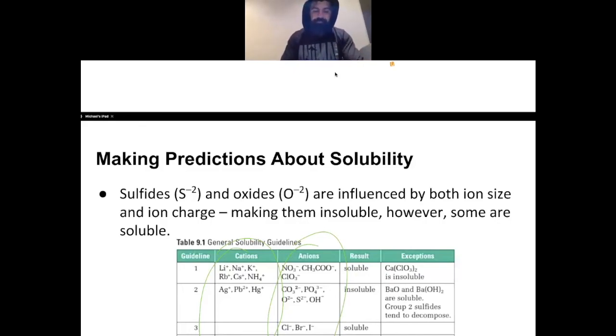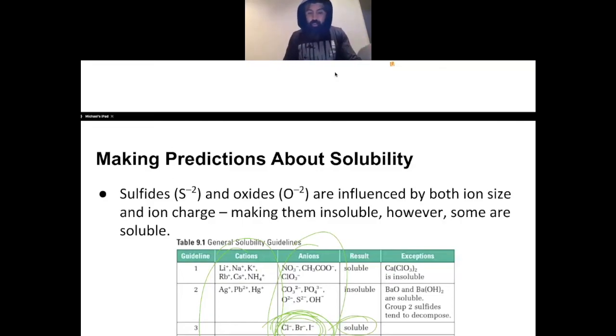But anyhow, this is what we are going to use to help predict the solubility. It's not enough to just go and say, well, does it have a small charge? Does it have a large charge? Because not always is that the case. So if you look at here, we've got the small charges. We've got chlorine, bromine, and iodine. They're considered soluble, but it all depends on what these are going to bond with, which will determine whether they're soluble or not.